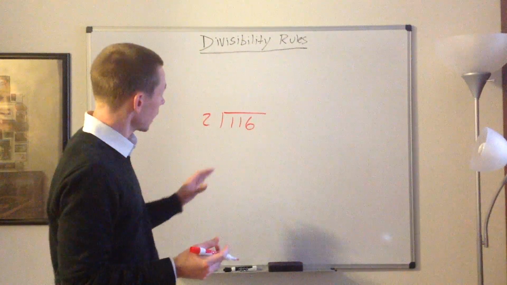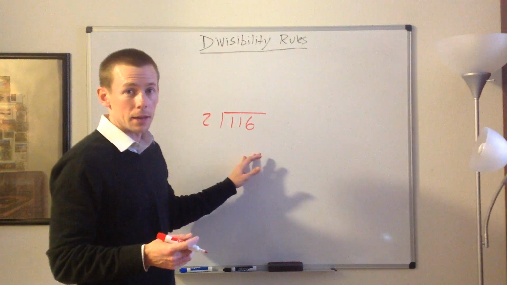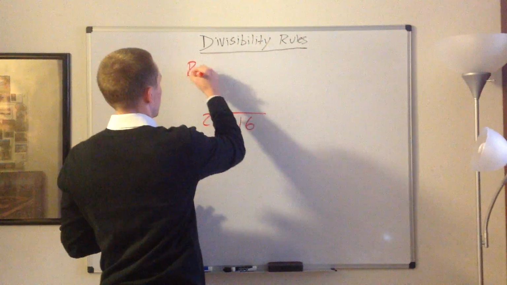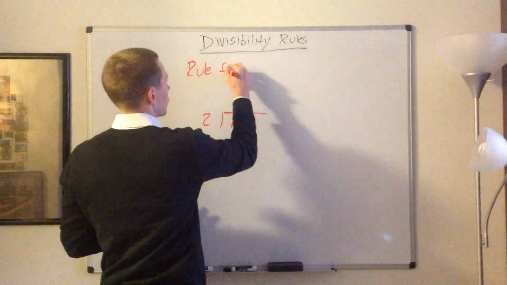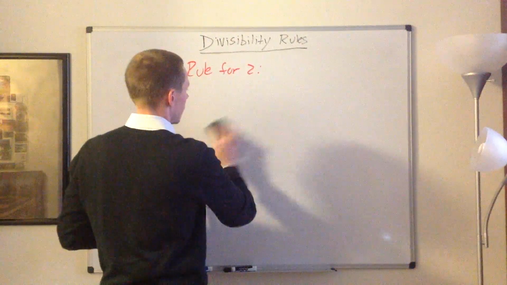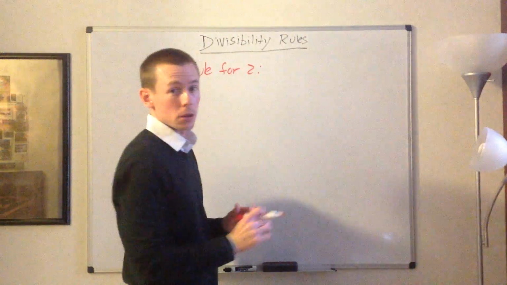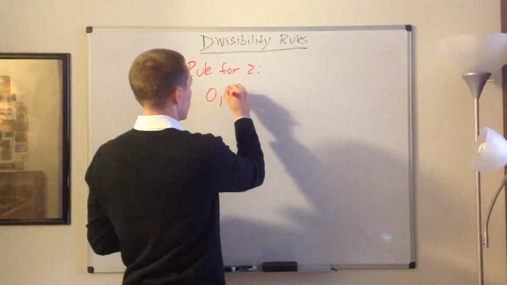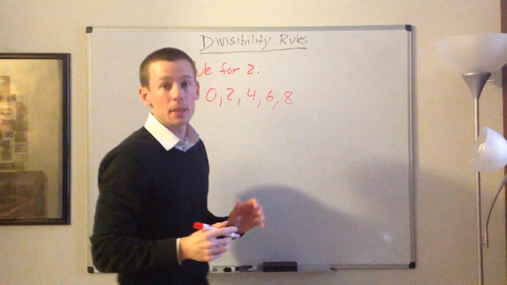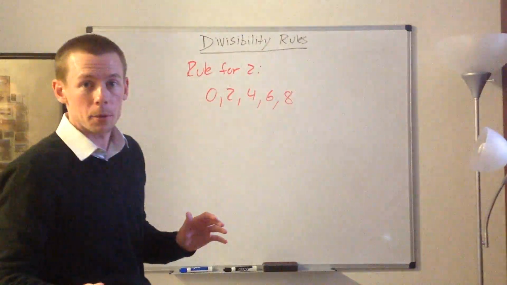Well, I could use the calculator, or I could do it longhand, but there's a trick for the number 2, and that says if the number you're looking at ends in 0, 2, 4, 6, or 8, then 2 will go into that number without a remainder.